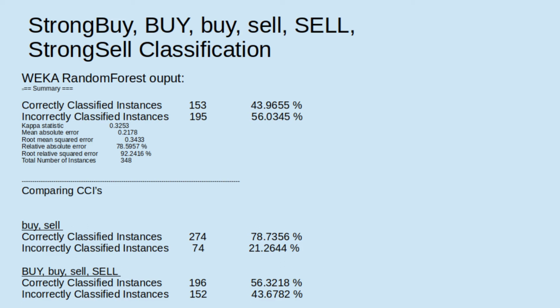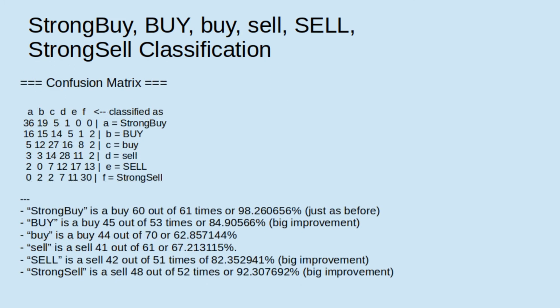We got a 78% correctly called, and in the buy sell, or capital buy small sell, we got a 56%. So as you can see, the correctly called instances has been greatly reduced. Now let's take a look at the confusion matrix.